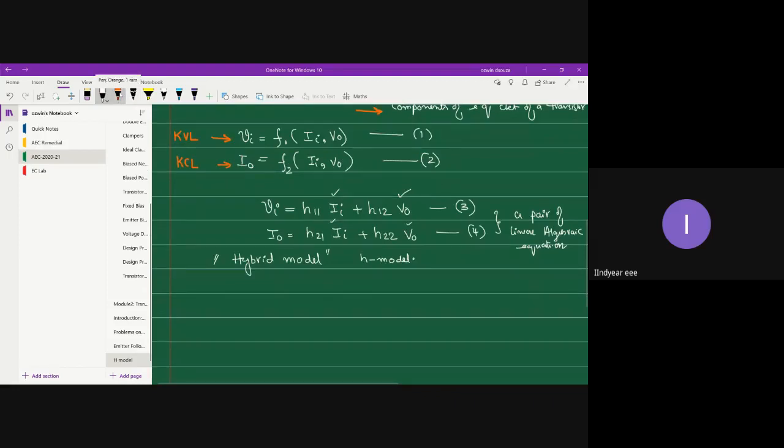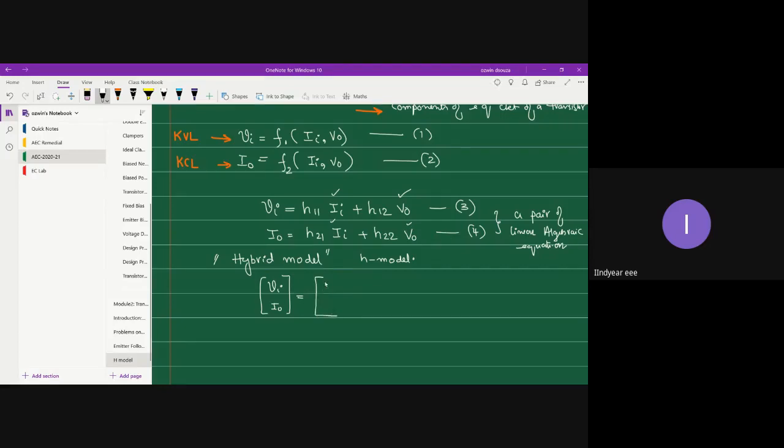Now, while writing down the parameters, I can even construct a matrix out of it. So Vi and I naught, let me put in a column matrix. Is equal to, the independent variables, let me keep aside.